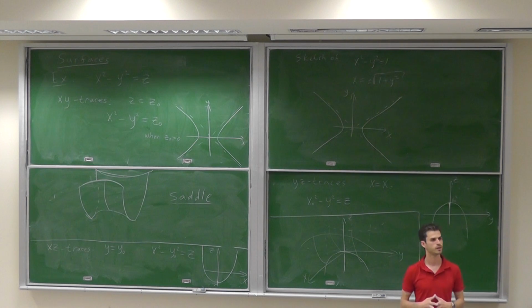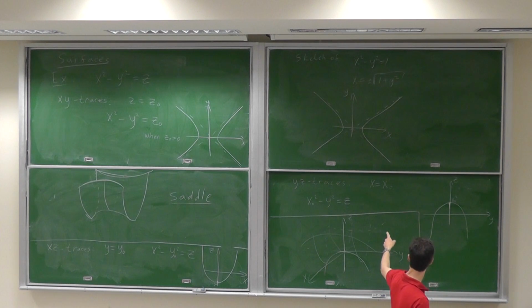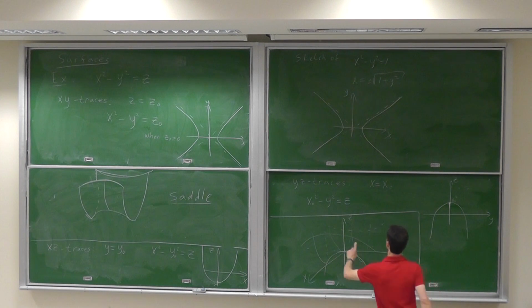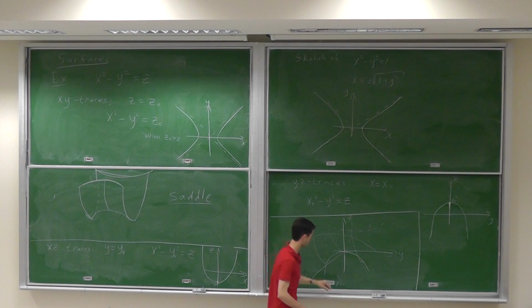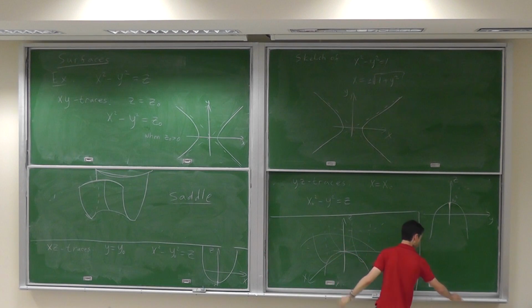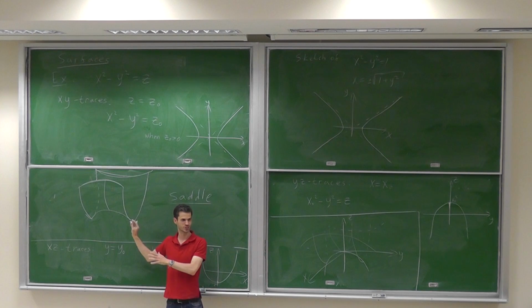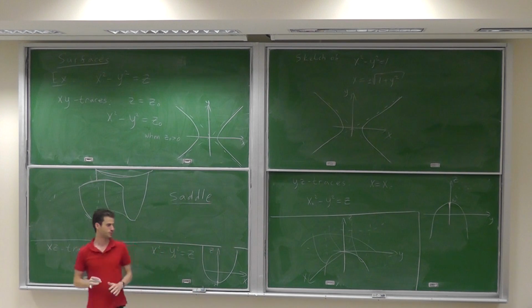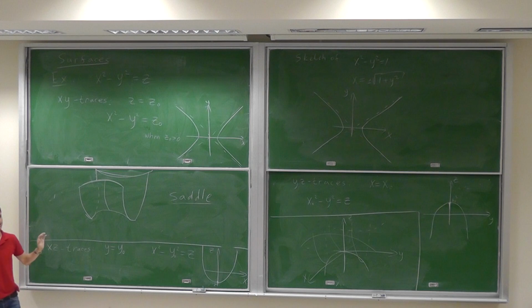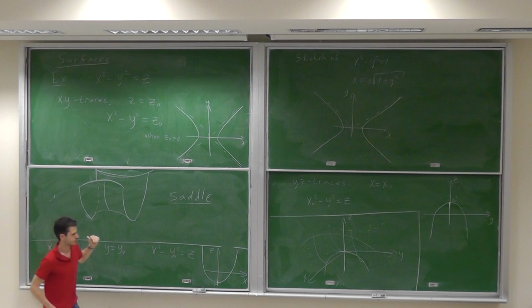Yeah? Sorry, I just don't understand. Is it that trace that creates that saddle? So these traces, okay, let me show the traces on the better picture here. I think this picture gives an impression of what this looks like. Now think about, let's say, XZ traces.